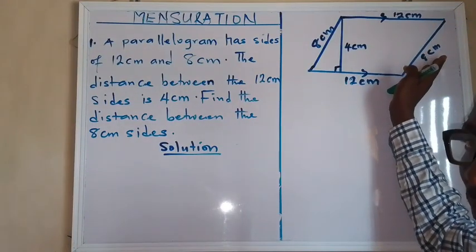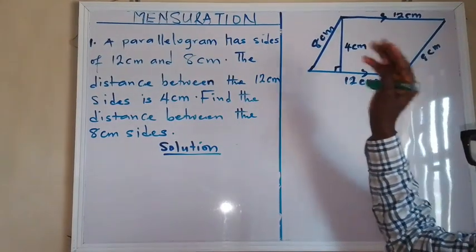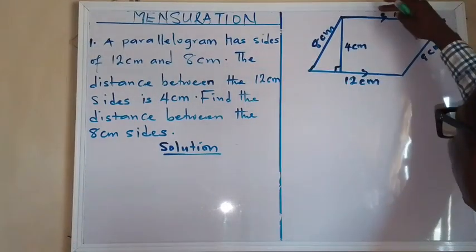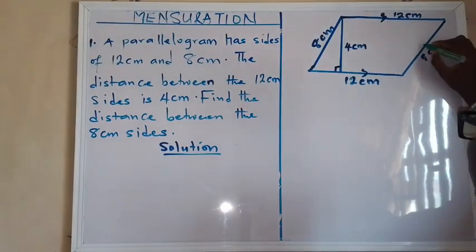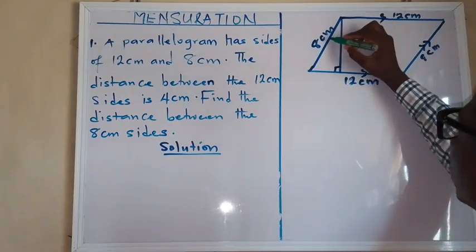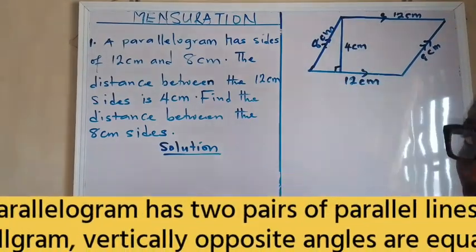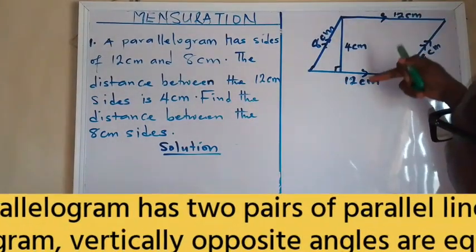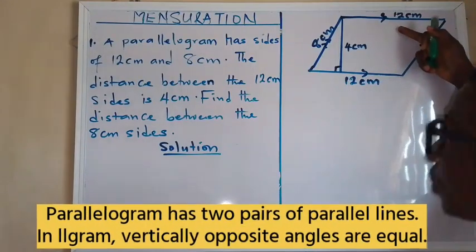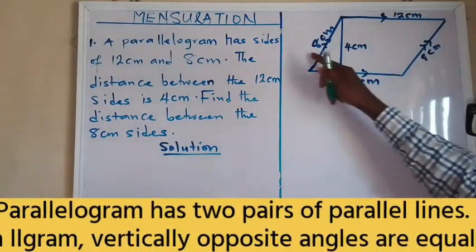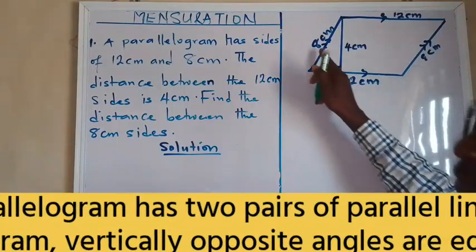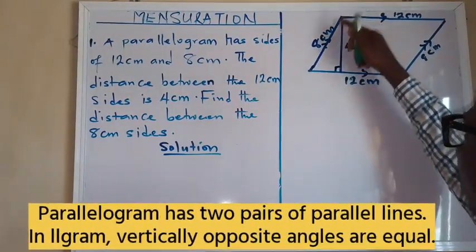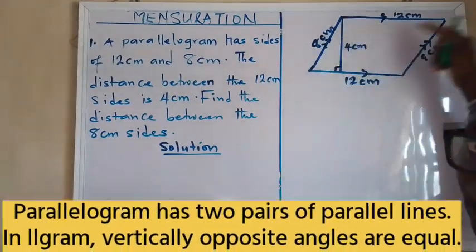You know, in a parallelogram, we have two pairs of parallel lines. So this is the first parallel line, and the second parallel lines are this. They're the second parallel lines. And of course now, opposite sides are equal. So this is equal to this is also equal to this. So we now want to get the distance between these parallel lines.